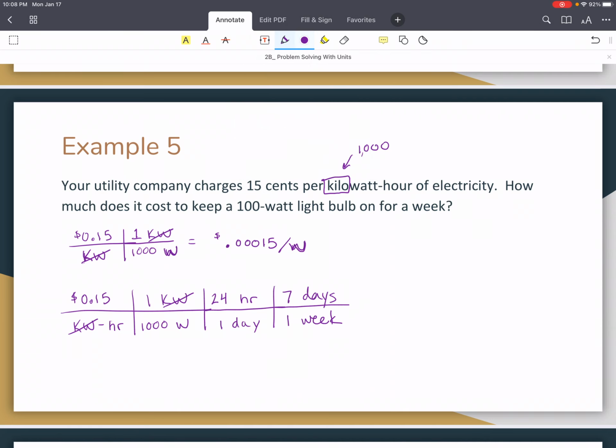Okay, so I'm going to go, nope, try that again. 0.15 times 24 times 7. And it looks like we just divide that by 1,000.